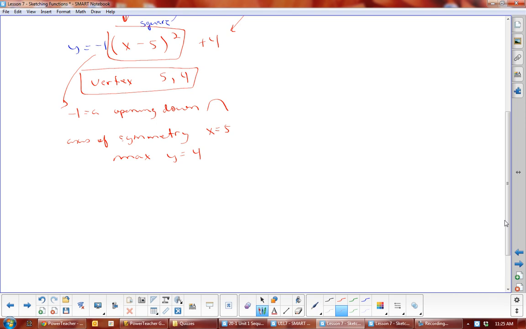Okay, now could we graph this at this point? You don't know your x or y intercepts. Okay? So next thing we have to do is find x and y intercepts. Okay? Now, how do you find the y-intercept? Make x equals 0. Okay? So this would be y equals -1 times 0 minus 5 squared plus 4.